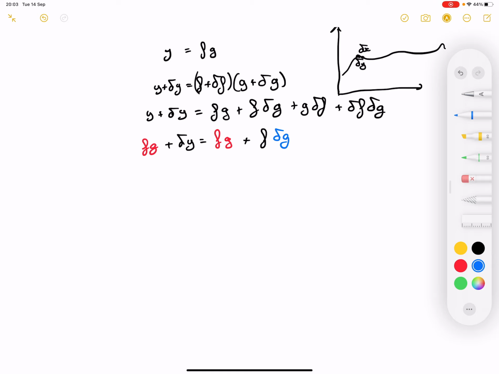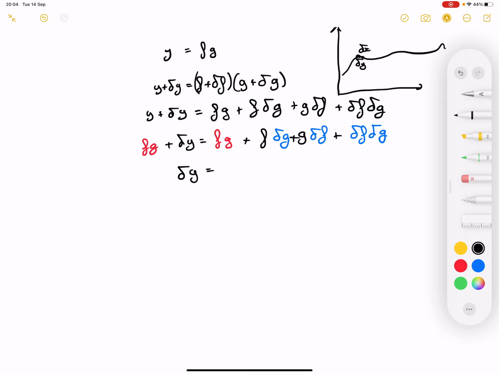Oh, we got blue now. That's very nice. Plus g delta f plus delta f delta g. We like colours. Well, we're going to cancel the red ones. So we're going to be left with delta y.